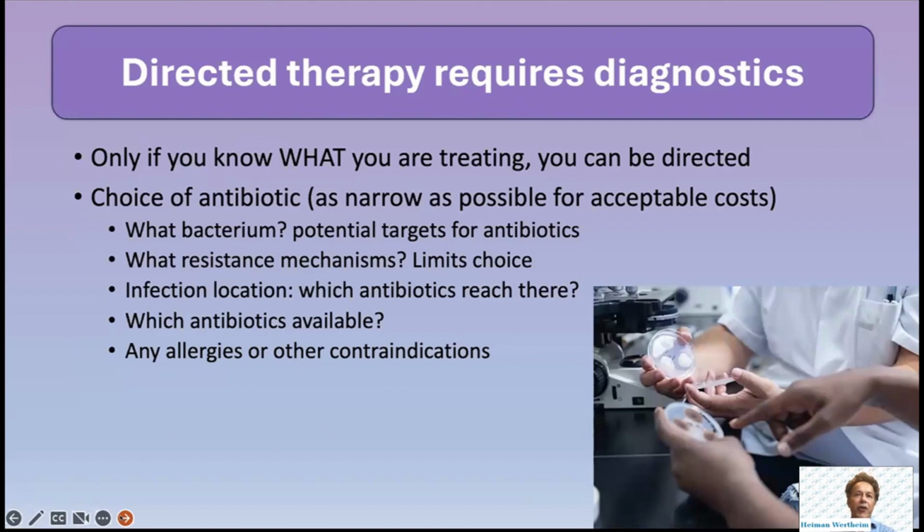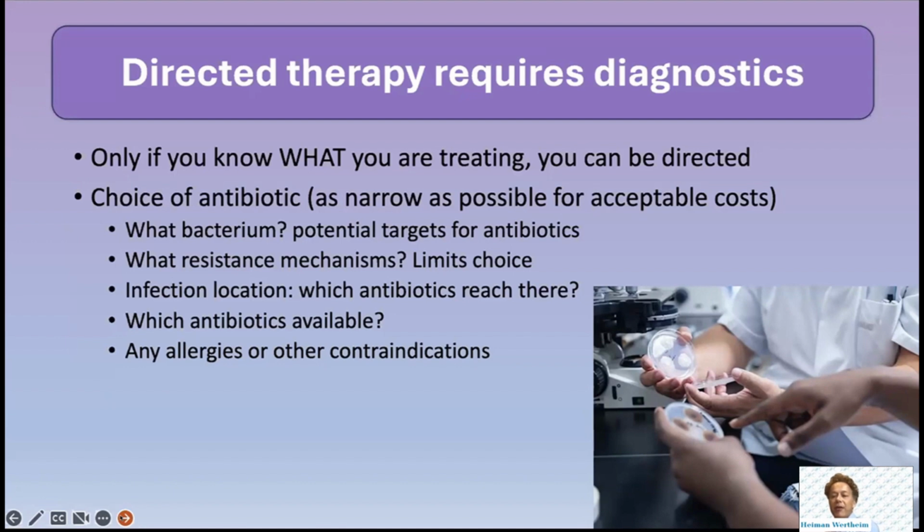An important point is what people always told us when we started this project: yes, but if you have directed therapy, you need diagnostics. So how can we use it? And this is exactly what we mean and why we think this is important, because a directed therapy guideline shows you that diagnostics are crucial. It allows you to go to your leaders in your hospital or in your country, to your government, and say, look, knowing what is causing disease really matters, and it really matters what we give the patient.